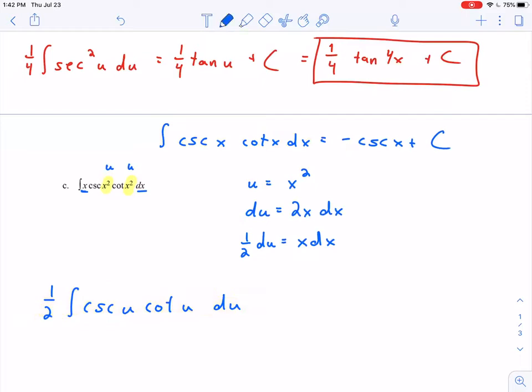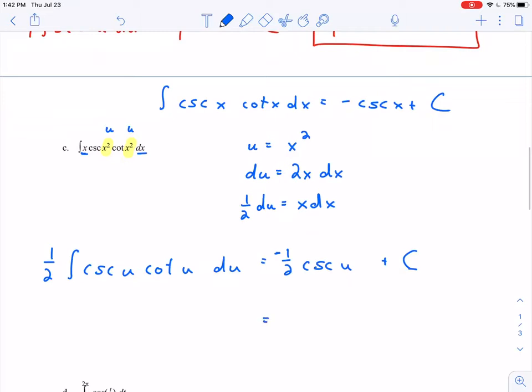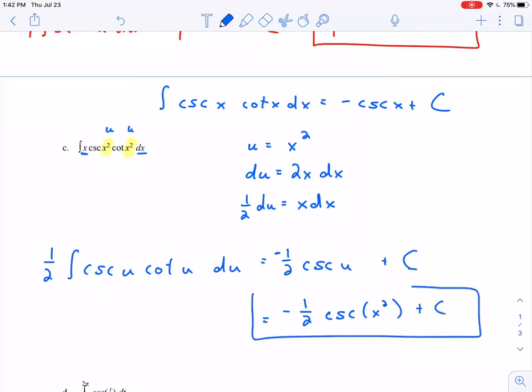So I know that it's going to behave exactly the same way. That 1/2 times, let's say negative 1/2 times cosecant of u plus c, and then we'll take our u and plug that back in. So I have negative 1/2 times cosecant of x squared plus c. Here is our indefinite integral.